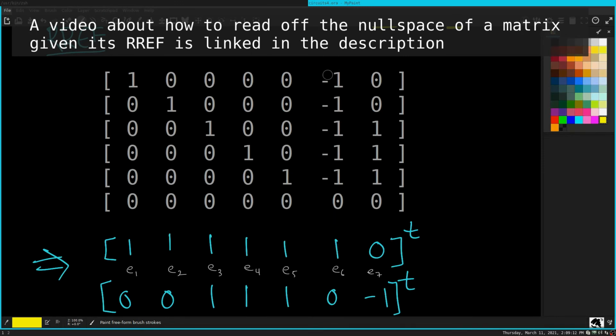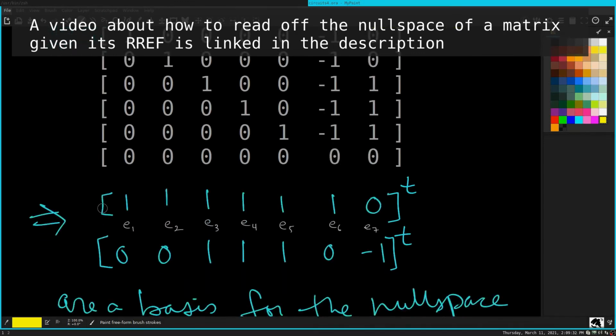What this means is that, I'm not going to get into that, but if we take one of this column, one of this column, one of this column, one of this column, one of this column, and one of this column, if you look at the rows, they will all cancel out. So this vector, this is meant to be a column vector, but I put a transpose symbol there: 1, 1, 1, 1, 1, 1, 0. That's in the null space.